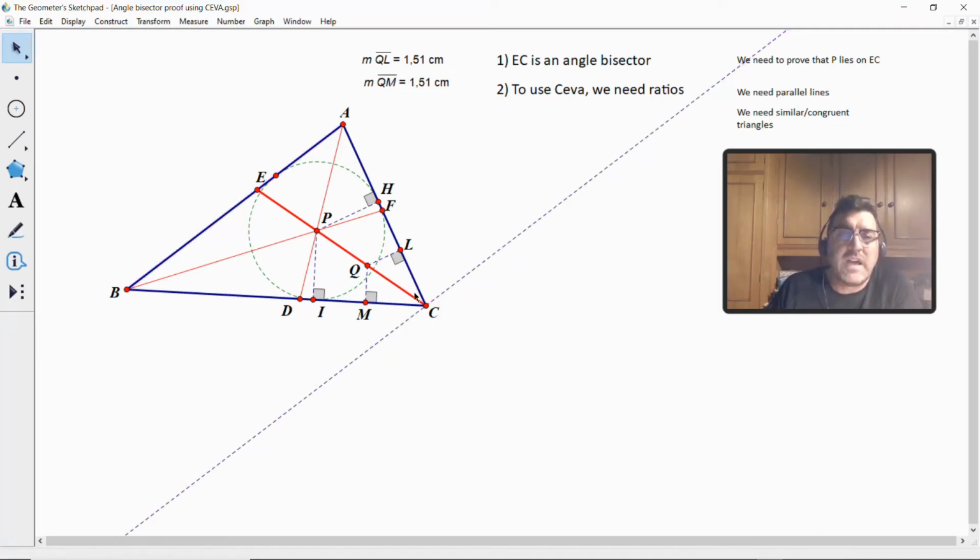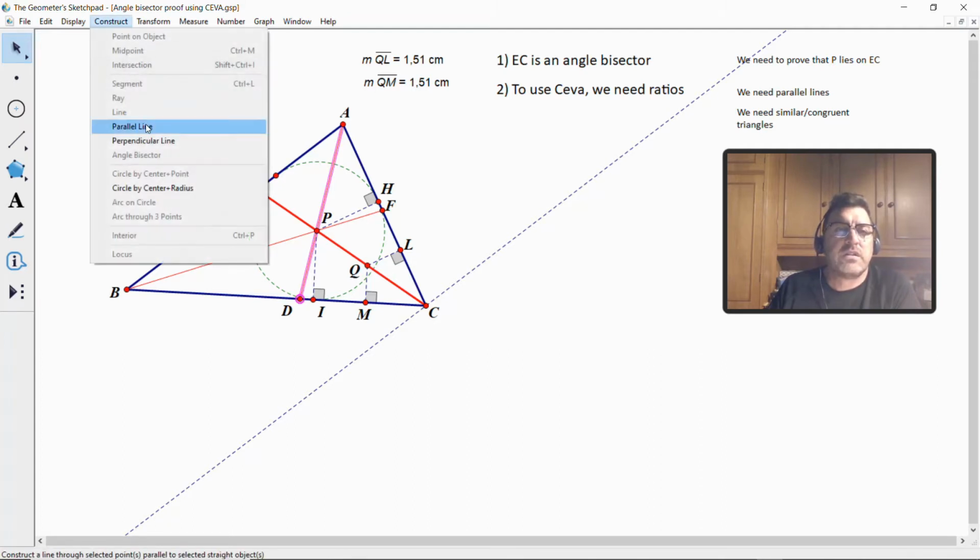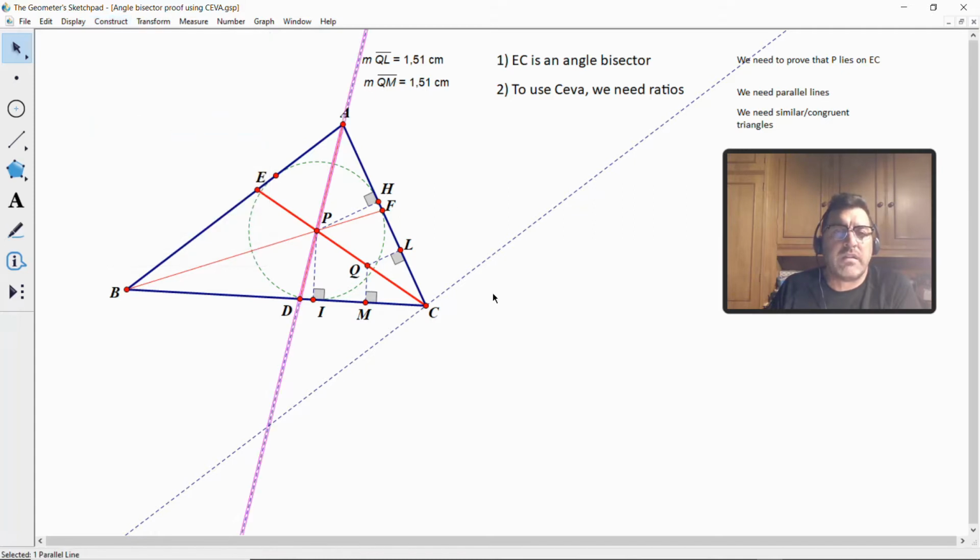I still don't have a triangle here that I can use to prove either congruency or similarity. So I'm going to tell the computer to select that line, I select that line, I select this point. I construct a parallel line there.